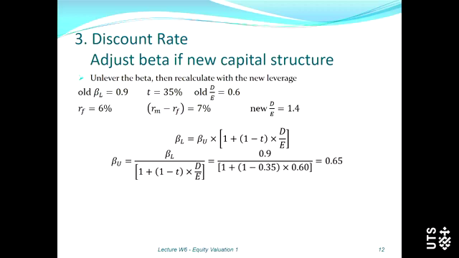Does it make sense that this number is lower than 0.9? Yes, because the 0.9 has the operating risk plus the financial leverage risk. This one only has the operating risk.